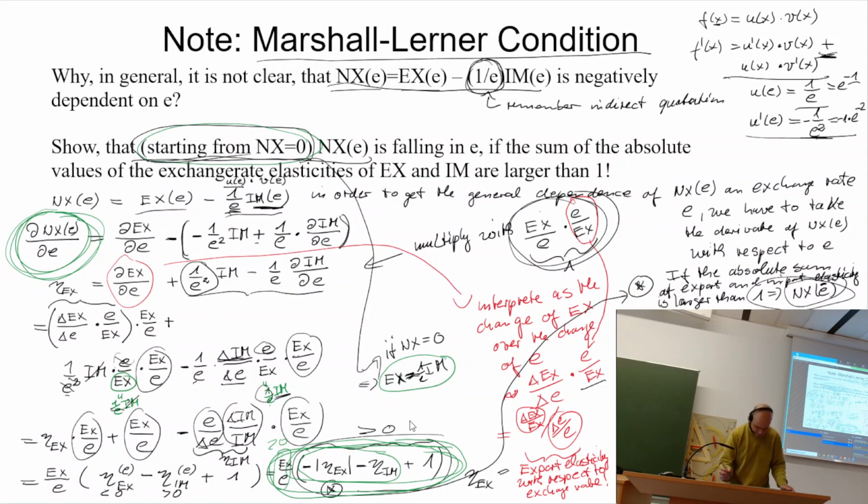This was wrong. This direction. This is only less than 0 if the sum of the absolute values of the exchange rate elasticities of exports and imports is larger than 1.